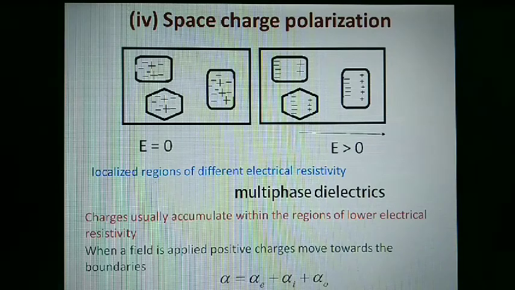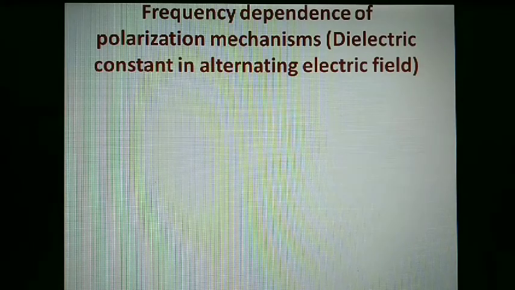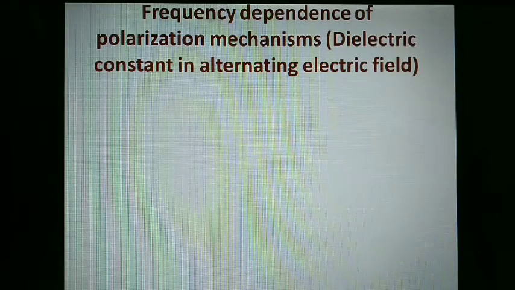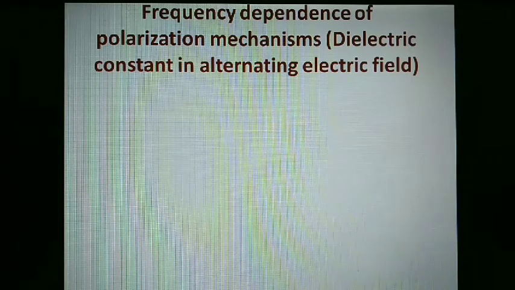These are the four types of polarization mechanisms. Now let us look into the frequency dependence of polarization mechanisms or dielectric constant in alternating electric field. Because in the direct electric field, the dielectric constant is constant.